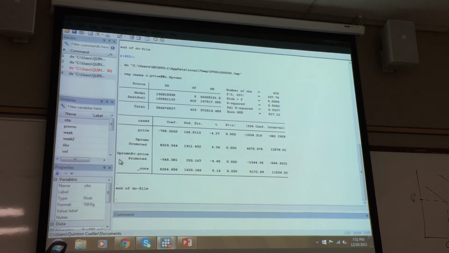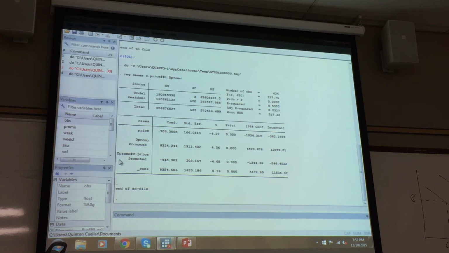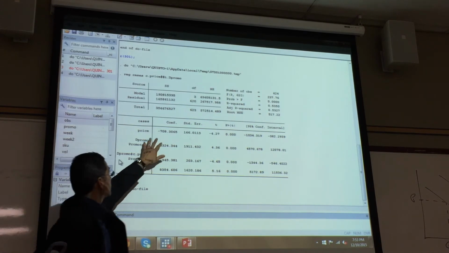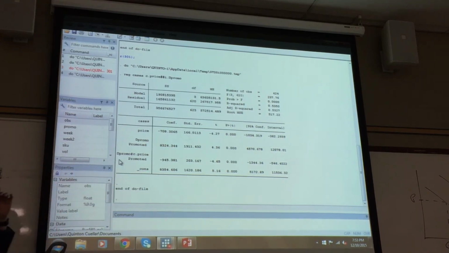As you increase price by $1, you're going to sell less, 945, right? Well, what's that price then? Price increase without promotion. So if this was eighth grade algebra, this is what? It's a slope, right? That's the demand curve.